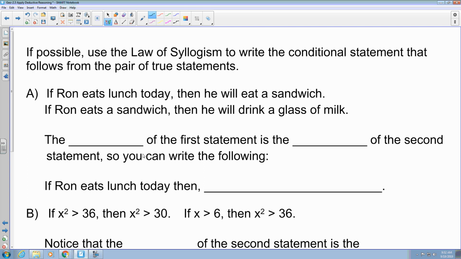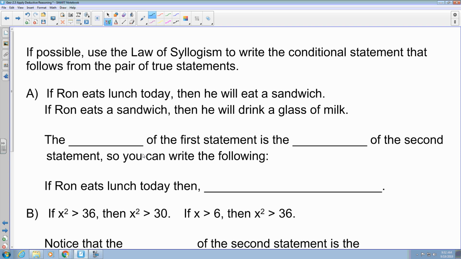If possible, use the law of syllogism to write the conditional statement that follows from the pair of true statements. If Ron eats lunch today, then he will eat a sandwich. If Ron eats a sandwich, then he will drink a glass of milk.